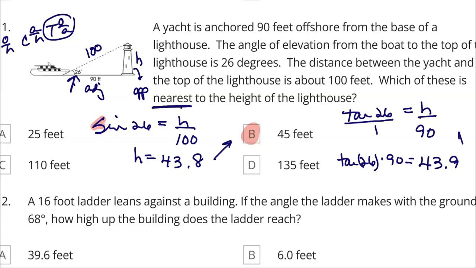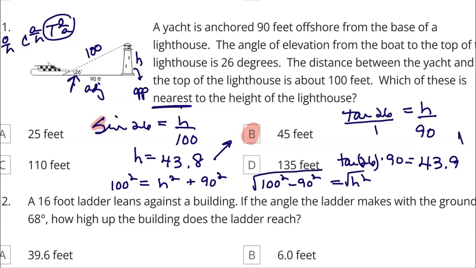What if I did Pythagorean theorem instead? And I said 100 squared, because that's the hypotenuse, equals leg squared plus leg squared. What happens then? Well, to get h squared by itself, I'm going to have to subtract 90 squared from each side, and I want just plain old h, so I will put this in my calculator.